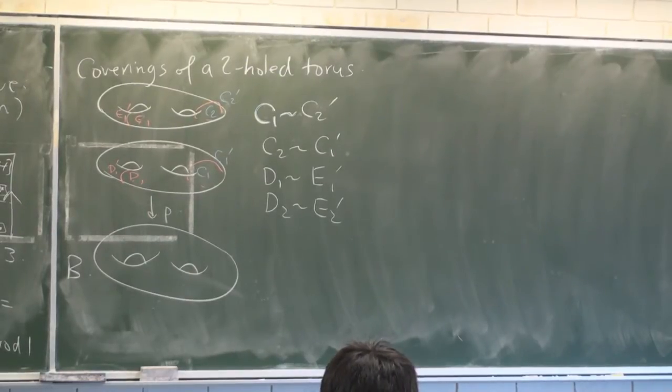All right, so now we've got some examples of covering spaces, not just with one-dimensional things, but also with some two-dimensional things. So now we can talk about the relationships between covering spaces and fundamental groups.